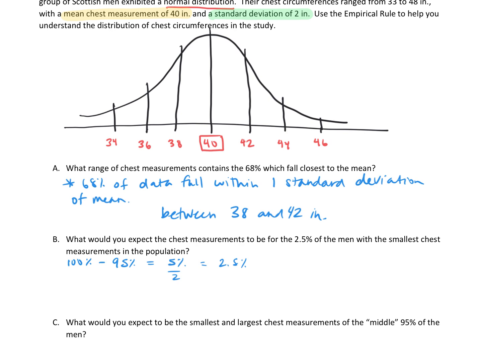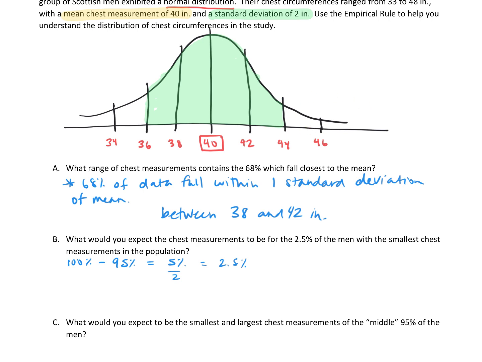So here's what we just looked at. 95% of the data, maybe I'll do a little highlighting, is all of this. 2 standard deviations from the mean. That's 95% of the data. All falls right here. So the remaining data is 5%. So 5% are below 36 and above 44.